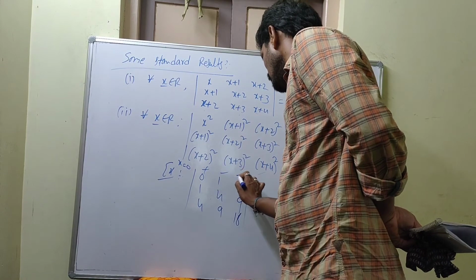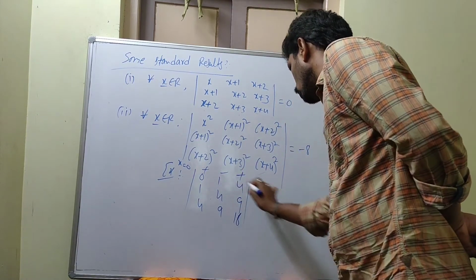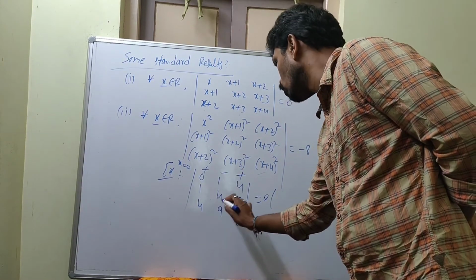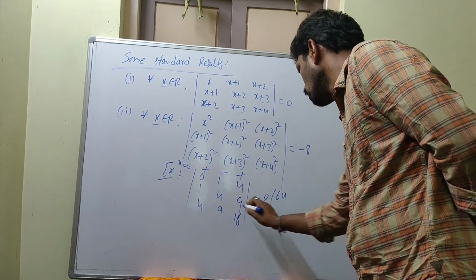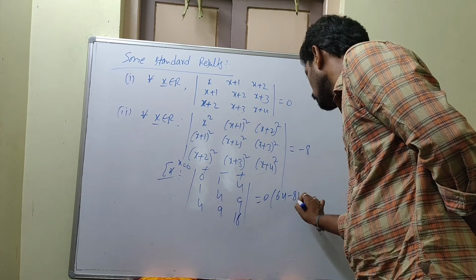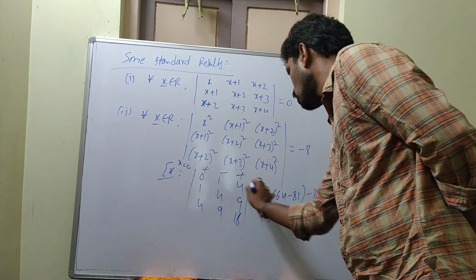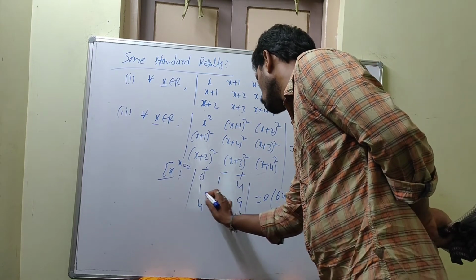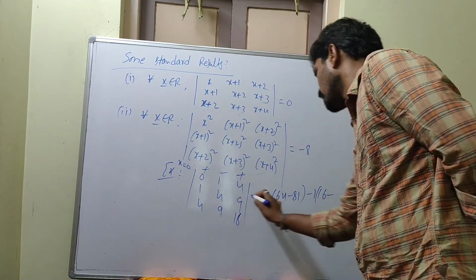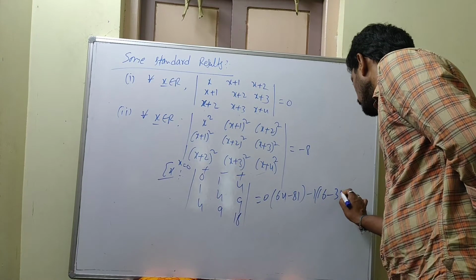See, expand this one. Plus, minus, plus. 0 into, leaving the row and column passing through 0, 4 16s are 64 minus 81. Minus 1 into, leaving the row and column passing through 1, 1 9, 4 16. So 1 16s are 16 minus 9 4s are 36.